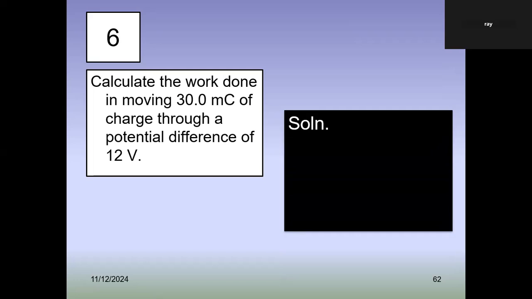Work done is W. Work done is equal to V times Q. So 12 times... Remember to change this to coulomb. It's millicoulomb.